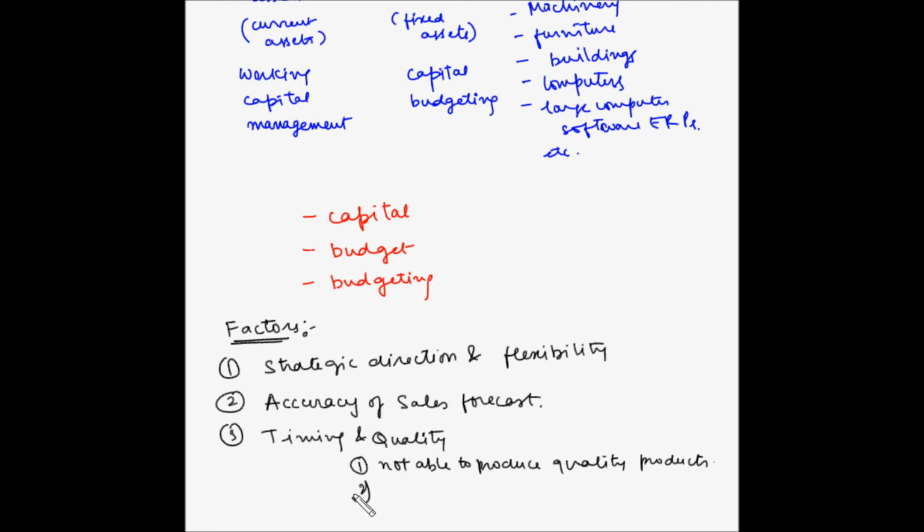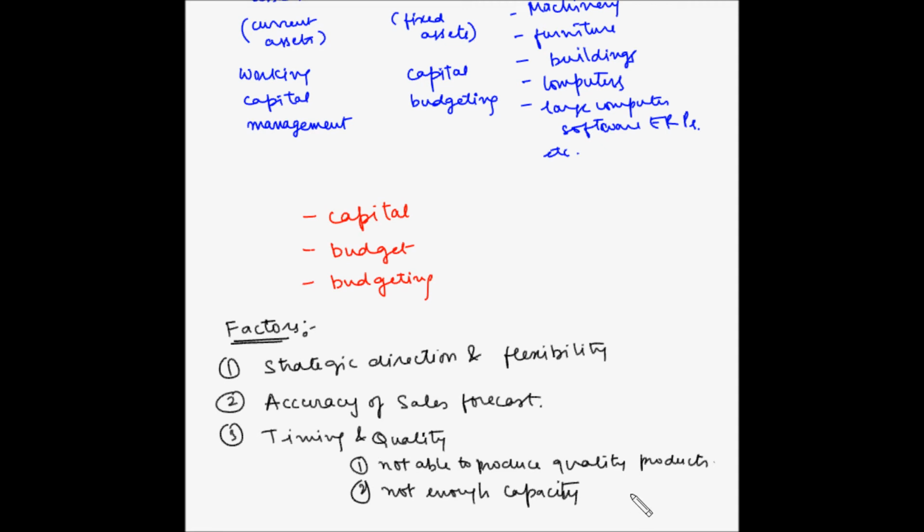And second is that you may not have enough capacity to handle the sudden increase in demand of the products and may lose the market to your competitors. So, second is not enough capacity. So, capital budgeting, if done effectively, can improve both the timing and quality of assets in your company.